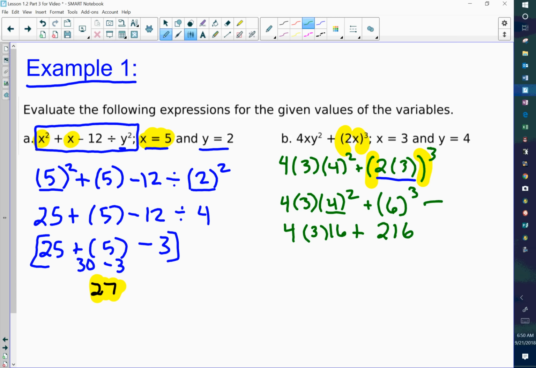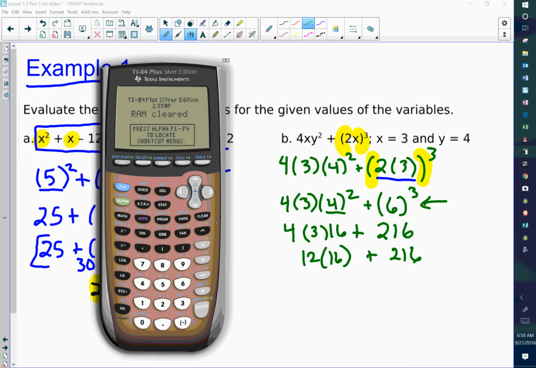Now, if you didn't know what 6 to the third power was, again, you could use your calculator. Now I'm going to multiply 4 times 3 times 16. 4 times 3 is 12. 12 times 16, I can't do that in my head, at least not very easily.